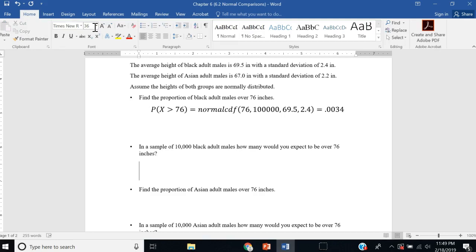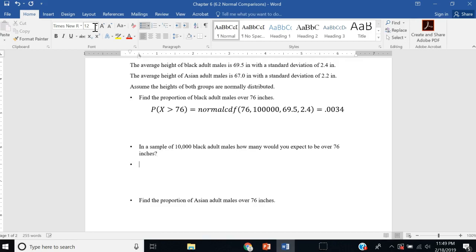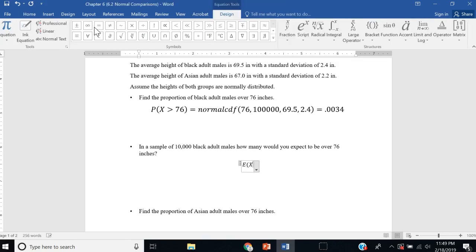Now, what this means is that if we had a random sample of 10,000 black adult males, what would the expected value be? How many should we expect to be over 76 inches tall? Well, the expected value, if we picked 10,000, would just be 10,000 times the probability of being over 6'4", over 76 inches tall.